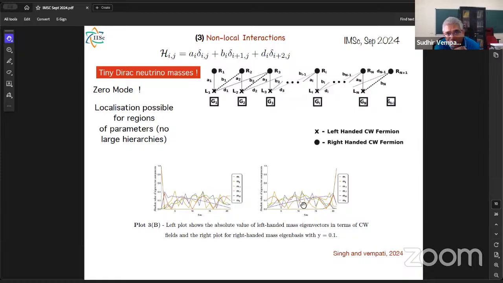Now you can go further and ask what happens if you have next-to-next-to-nearest mass terms in your model. You can go further and further, and link all the possible fermions in the chain. You can fill up the entire mass matrix.